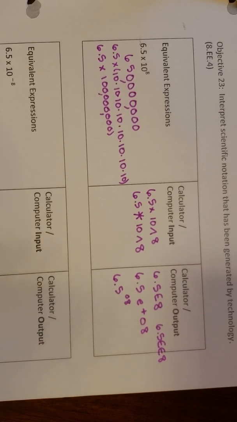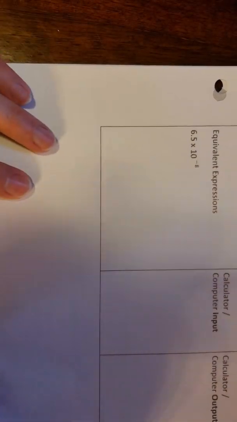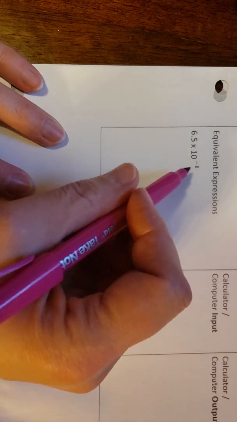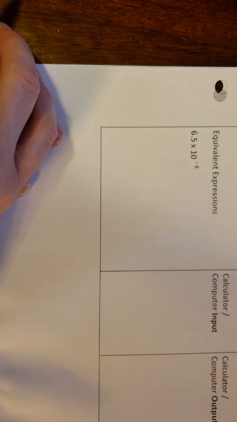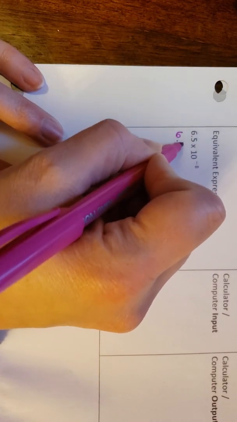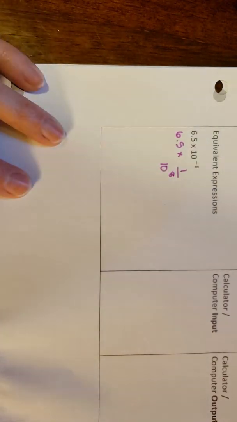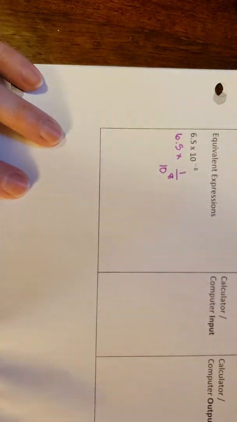Okay? All right, let's talk about a small number. See, isn't this going by fast? So 6.5 times 10 to the negative 8. This is a negative, so I know that I'm going to have a small number. This also means 6.5 times 1 over 10 to the 8th power, remember? I can turn this into a positive exponent.